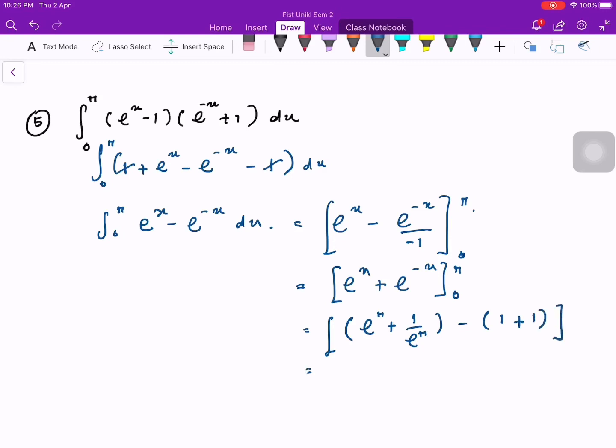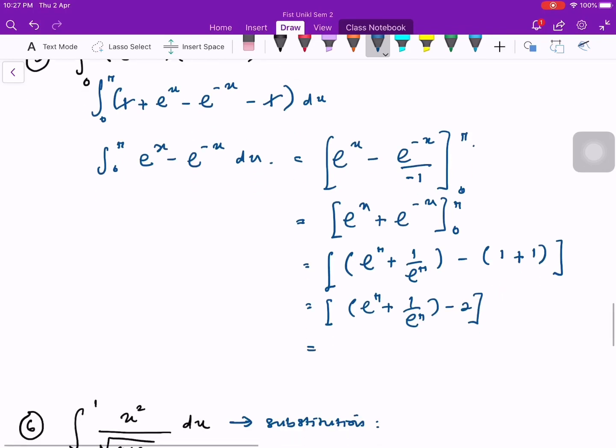Okay, then this is actually 2. Okay, then kita akan dapat e to the power of pi plus 1 over e to the power of pi minus with 2. By computing dengan menggunakan calculator, kita akan dapat nilai dia, okay, 21.2.